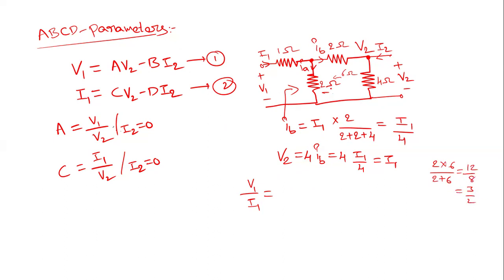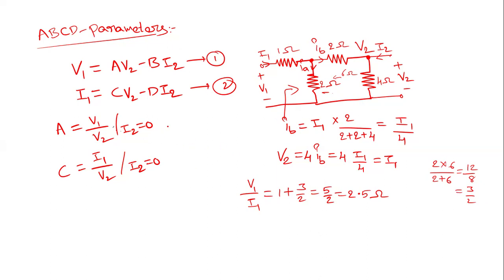This 3 by 2 ohms and 1 ohm are in series, so the resulting combination is 1 plus 3 by 2, which is 5 by 2. It's equal to 2.5 ohms, the input resistance or equivalent resistance at the input terminals.